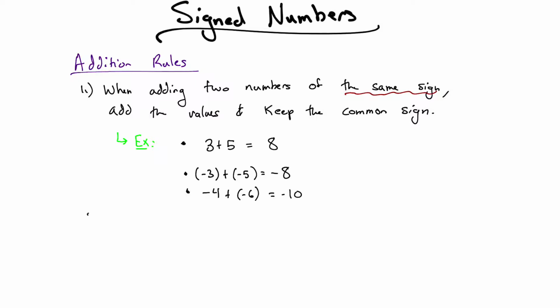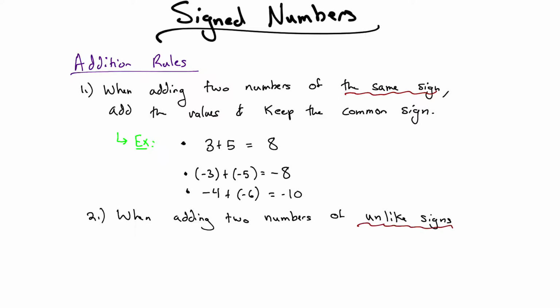The second one is a little more tricky, and it's when adding two numbers of unlike signs. So I'm going to underline that.